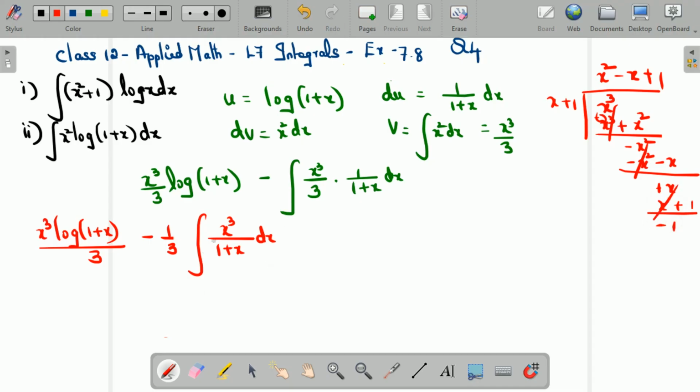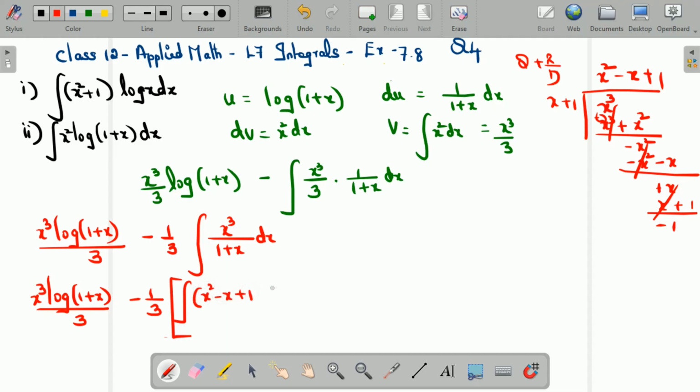So now let's rewrite this integration. This is x cubed log of 1 plus x, the whole thing by 3, minus 1 by 3. Now this I can write as quotient plus remainder by divisor. So integral of x squared minus x plus 1 minus 1 divided by 1 plus x dx. Now we are going to remove this 1 by 3 by multiplying it with every term along with the minus sign.